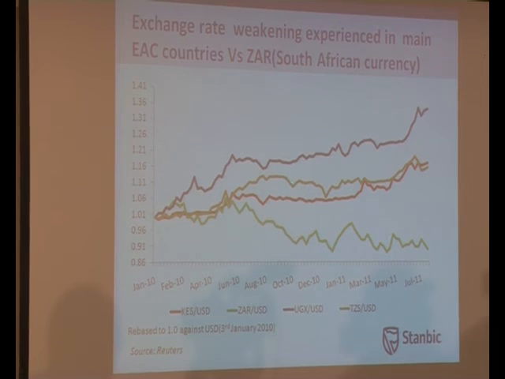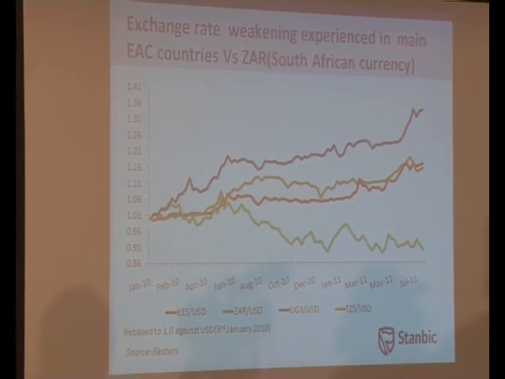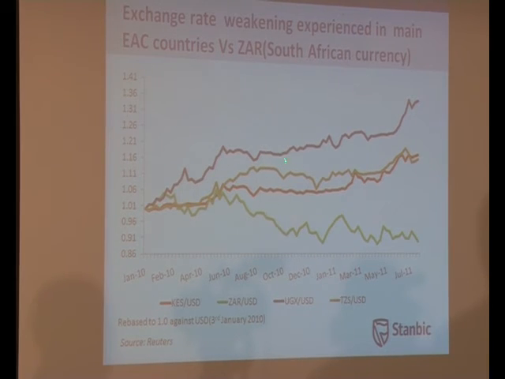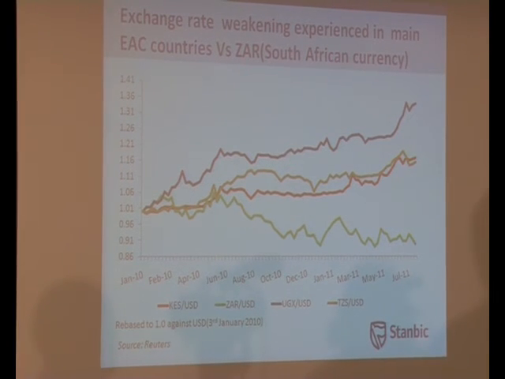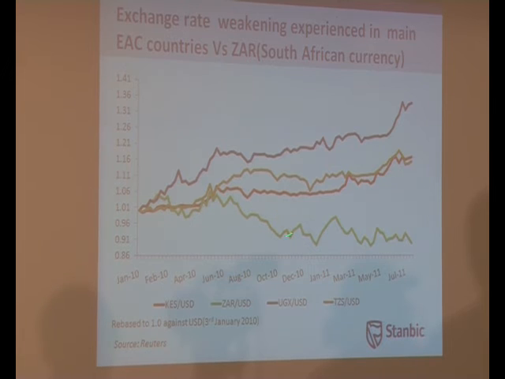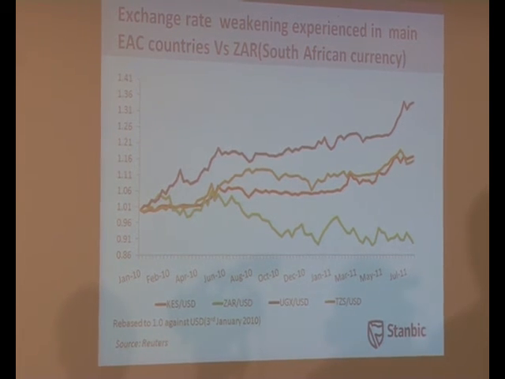So the three East African currencies have been depreciating, and the South African rand has actually been appreciating. And I really think that if you look further and try to unpackage the structure of these four currencies, you'll see that these three currencies, Kenya, Uganda, Tanzania, are all oil importing countries. We don't have any metals that we export. And if you look at South Africa, in as much as it imports oil, it also exports a lot of soft commodities.